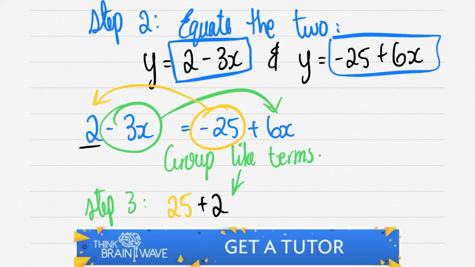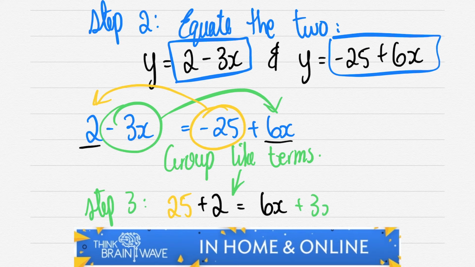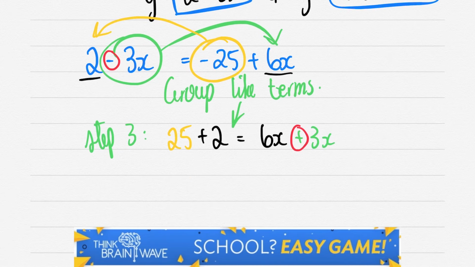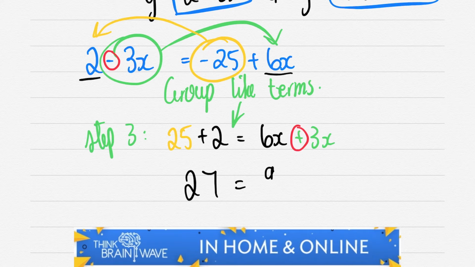We then take the minus 3x to the right-hand side, making sure to change signs. When the negative 25 crosses the equal sign, it becomes a positive 25. When the negative 3x crosses the equal sign, it becomes a positive 3x, as I'm marking over here. It's quite simple. These are simple errors that people tend to make. Just make sure not to make them, and you'll do very well in your next tests.